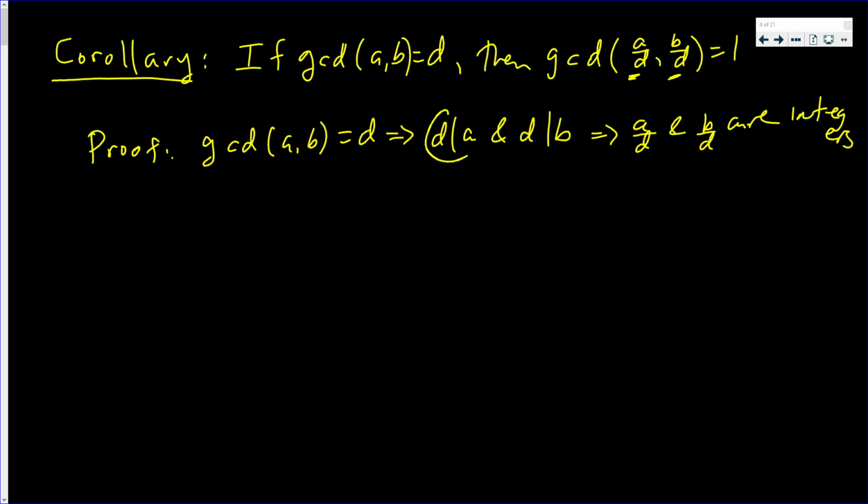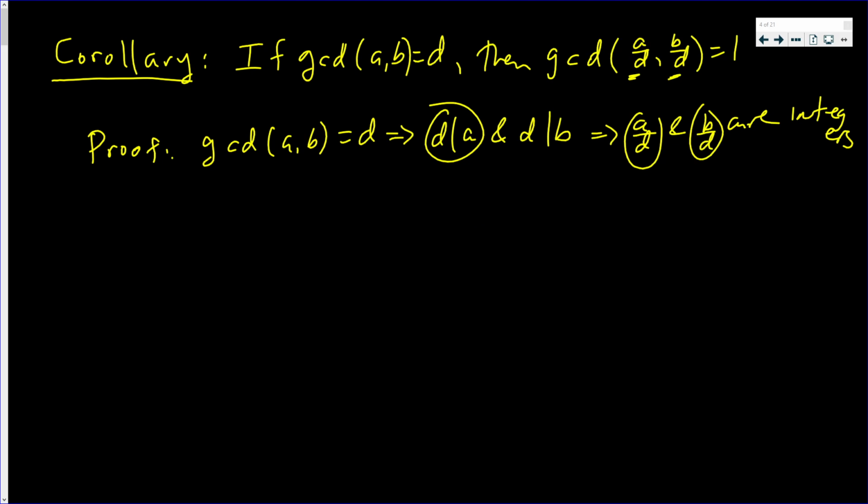This means that D goes into A. A is a multiple of D, so dividing both sides by D, you get that A over D is M. A over D is an integer, B over D is an integer.